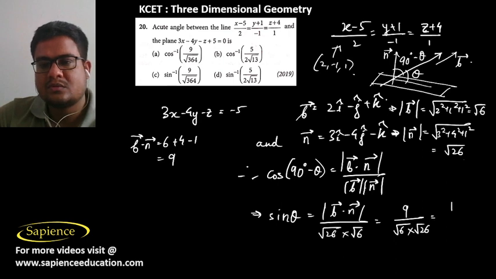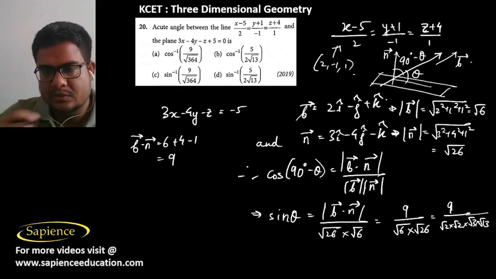So this is equal to 9 by, you can write, root 2 into root 2 into root 3 into root 13.